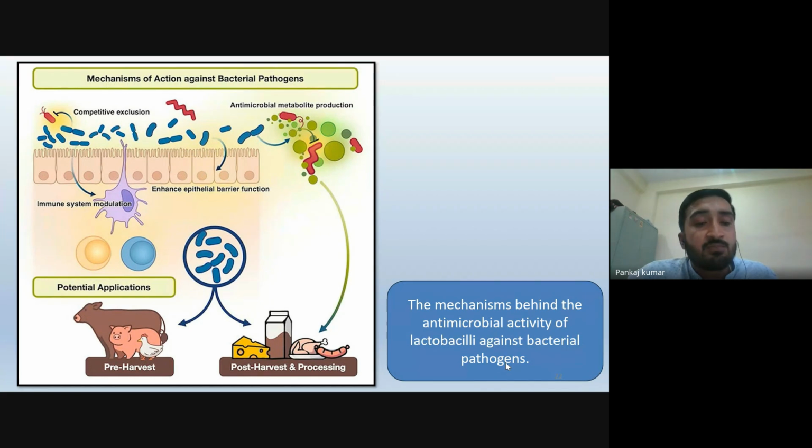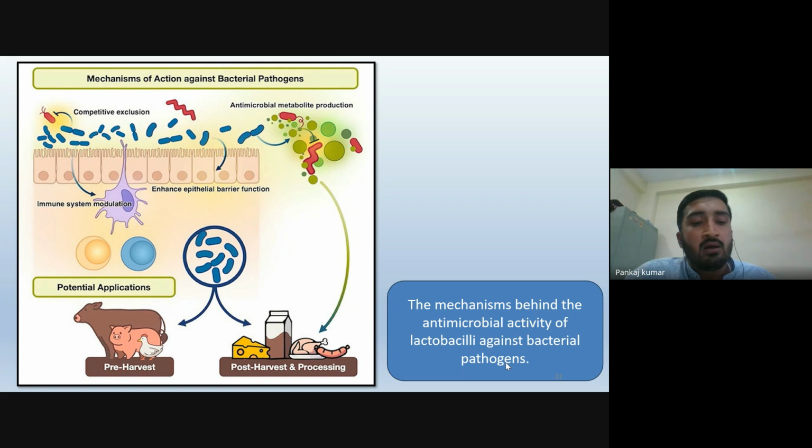Epithelial barrier function, meaning primary immunity, will also be improved. That epithelial barrier, such as the skin, is also improved. So as a result, when these microbes enter the body, they will not be able to travel across the barrier. Also, as a result of these microbes, antimicrobial metabolites will be produced.